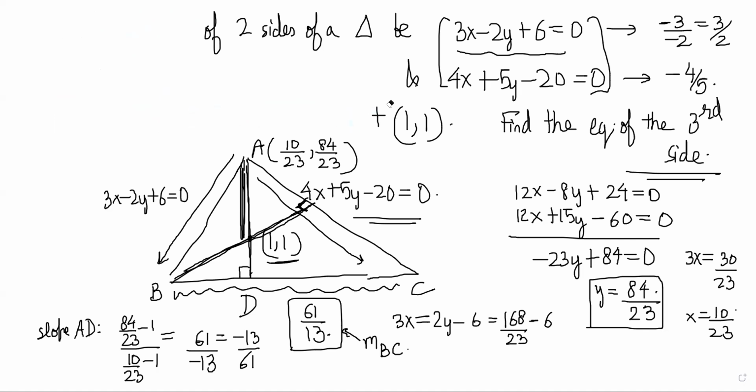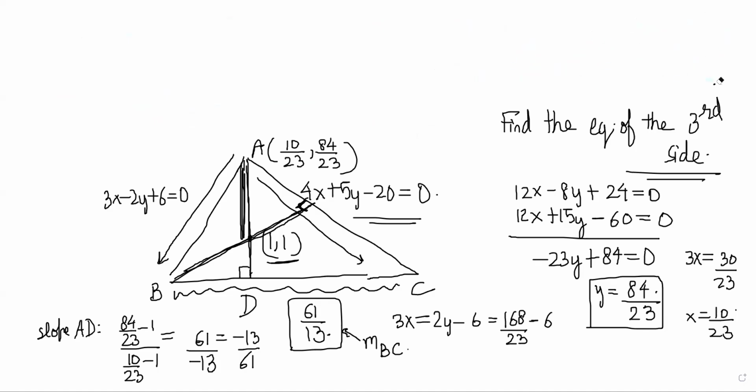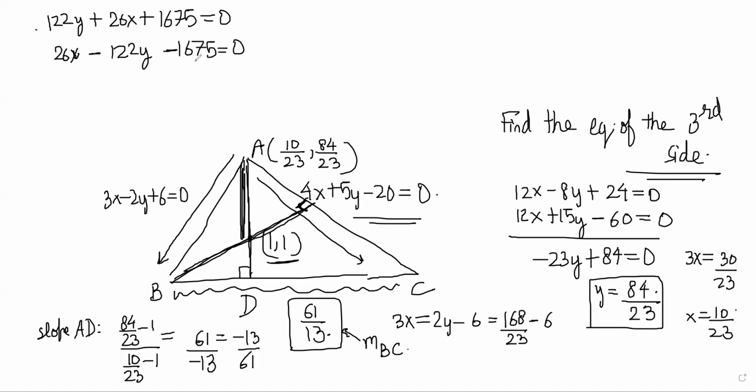The options for the third side's equation in the question are written like this. 122y plus 26x plus 1675 is 0. That is the first option. Then 26x minus 122y minus 1675 is 0.